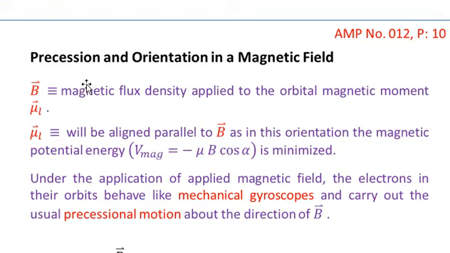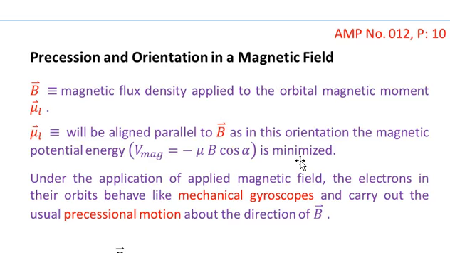So here we define B as the magnetic flux density applied to the orbital magnetic moment mu L. Mu L will be aligned parallel to B, as in this orientation the magnetic potential energy, given by V mag equal to minus mu B cos alpha, is minimized.